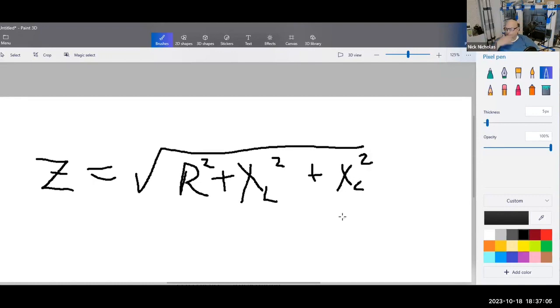That's the formula. Keep in mind, X sub L and X sub C have their formulas.